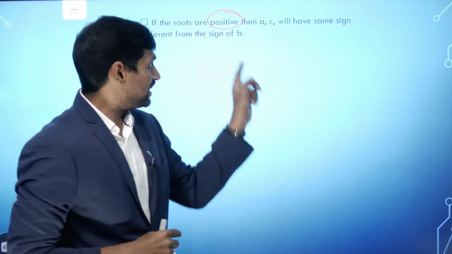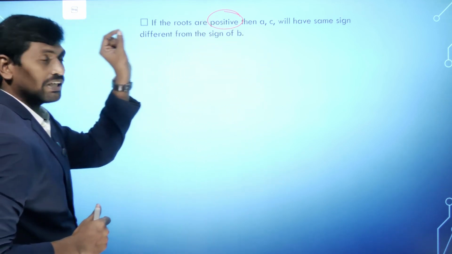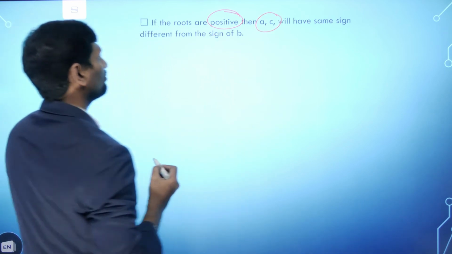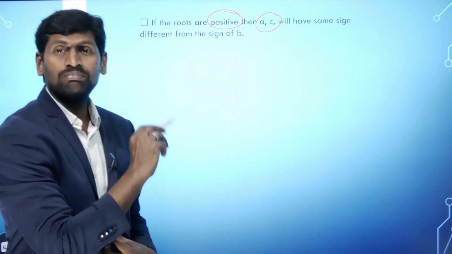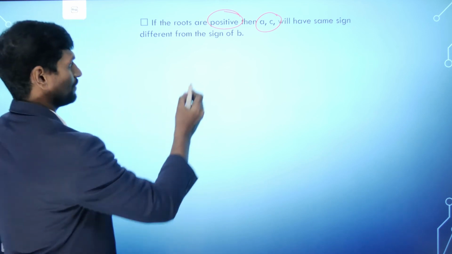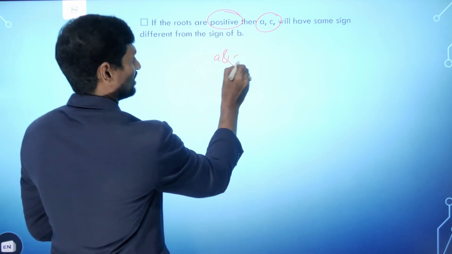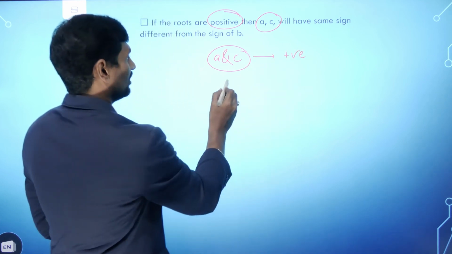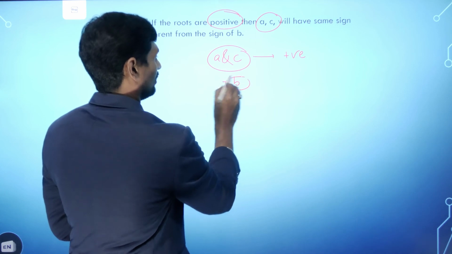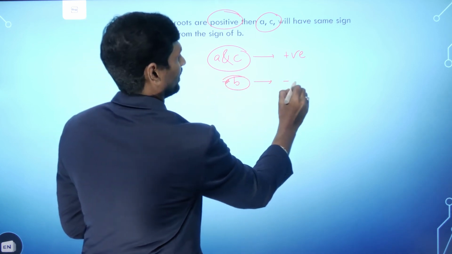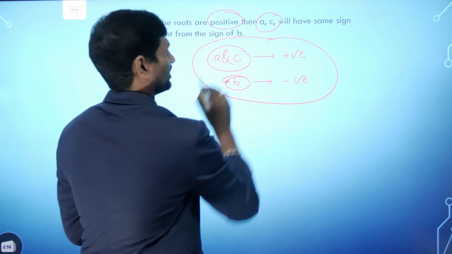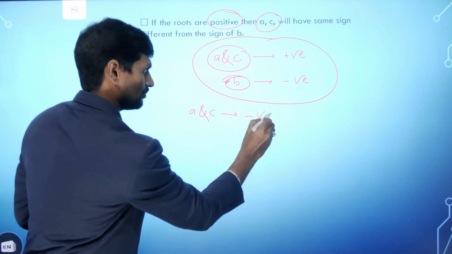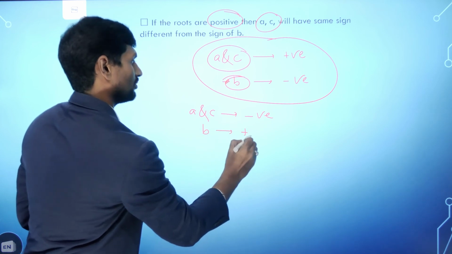But see here, roots are positive this time, then a and c will have the same sign and b will have a different sign. That means if a and c are positive, b will be negative. This is one condition. Or a and c are negative, b will be positive.